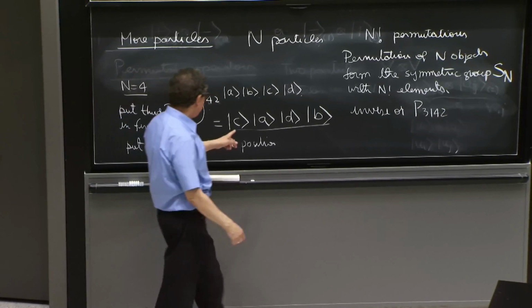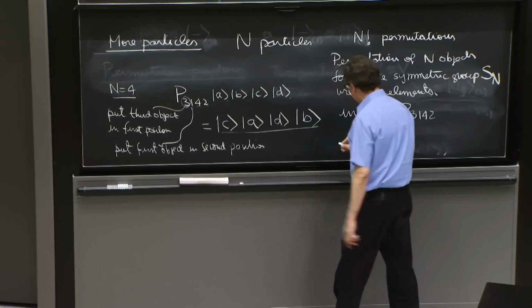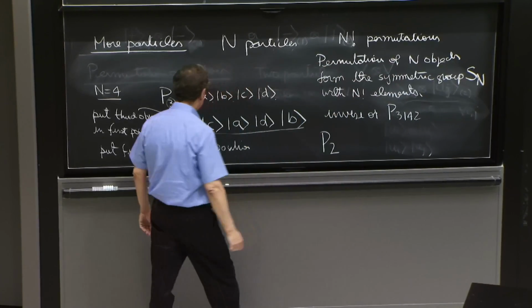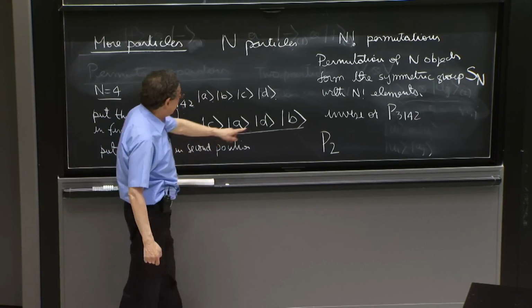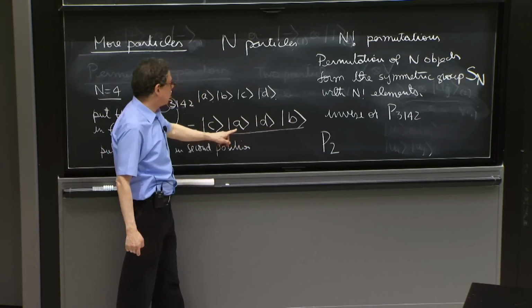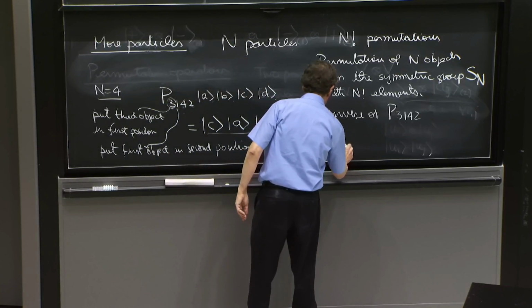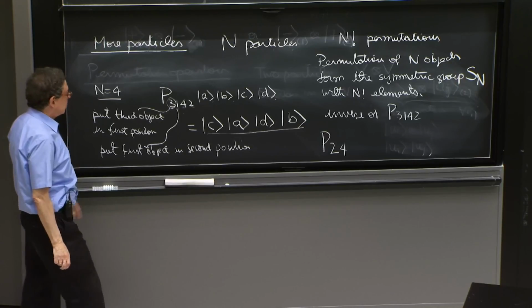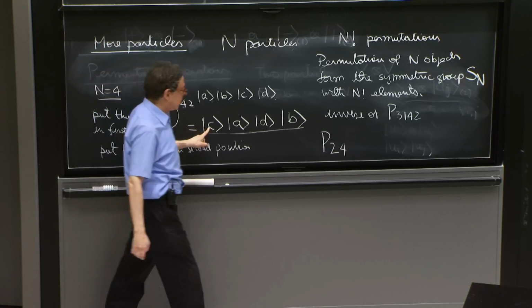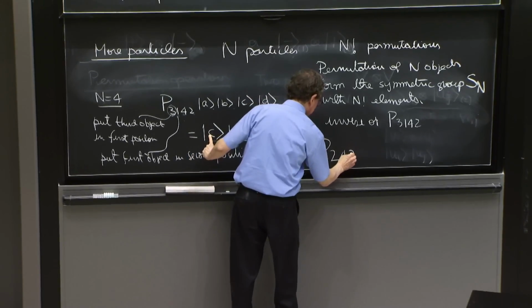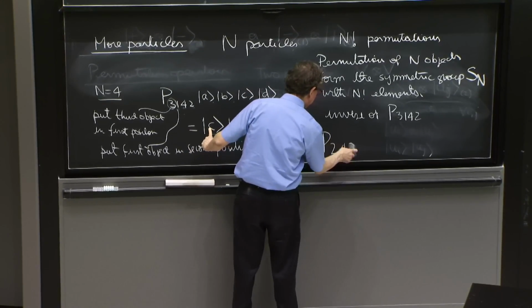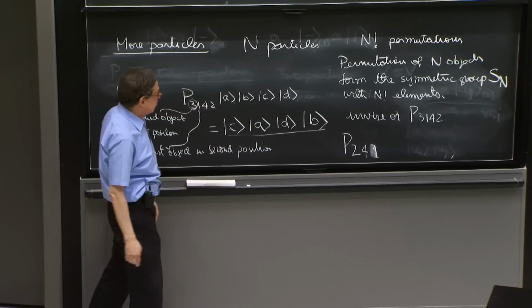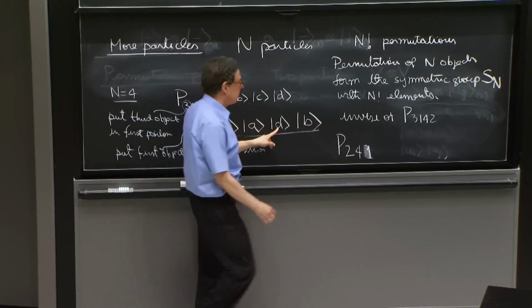And I say, well, I must put the second back in position 1. So there should be a P2 here. I should put the fourth in position 2. And then I should put the first in position 3. And I should put the third in position 4.